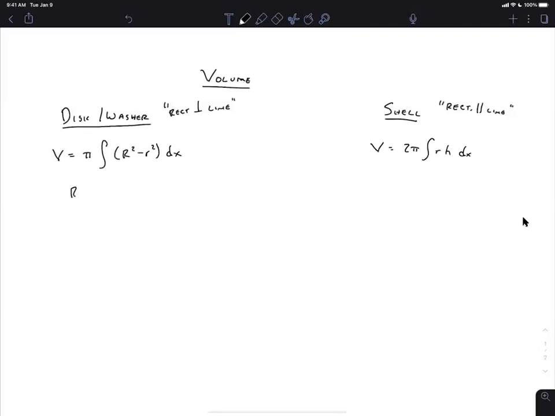Here on the dishwasher method, big R is the distance from the line to the farther end of the rectangle, and small r is the distance from the line that you're revolving around to the closer end of the rectangle.